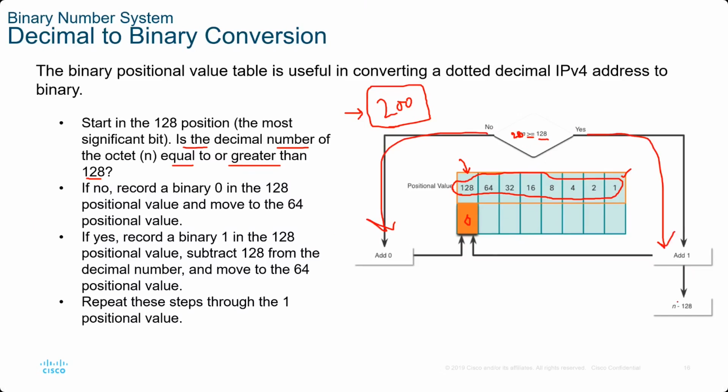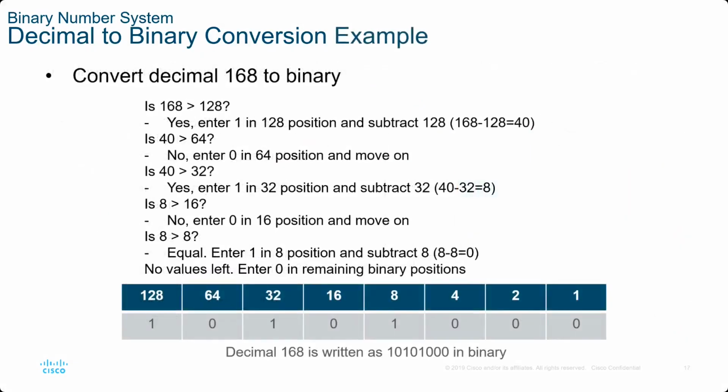Then you add 1, and then you subtract 128 from that number, and whatever is remaining, you start doing the same process against that number again. It's easier if you go through an example. So for example, you have a number 168 that you want to convert to binary. We will apply the algorithm that we just saw.